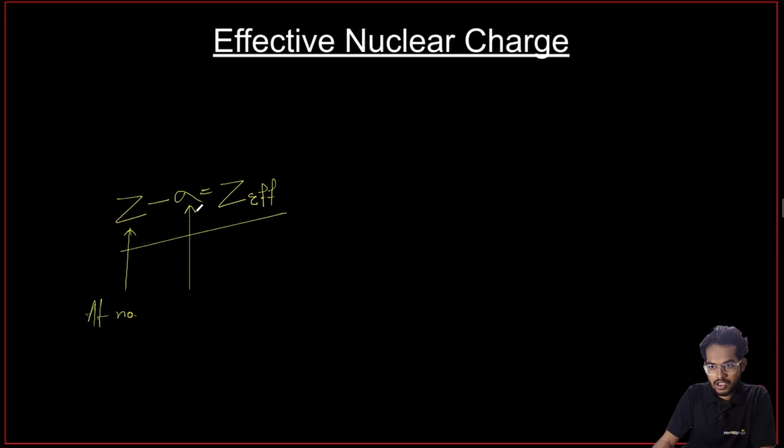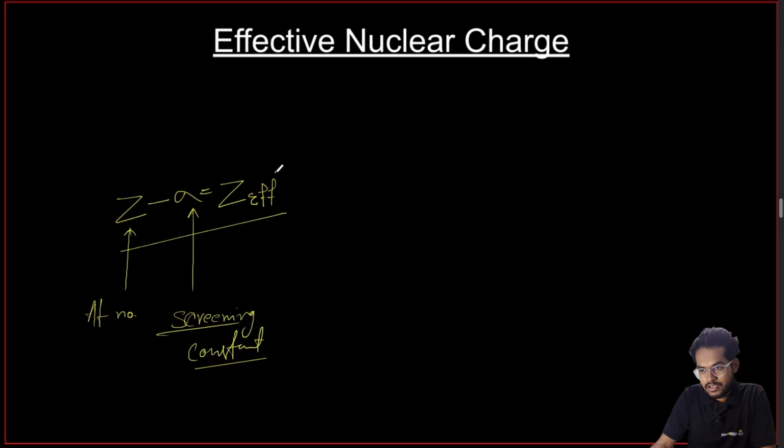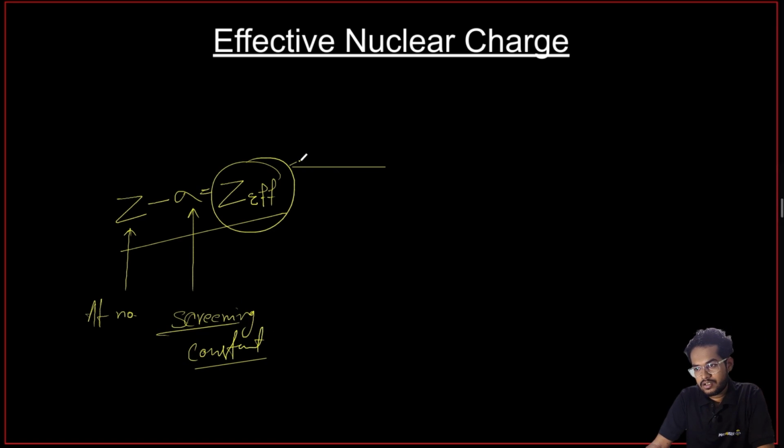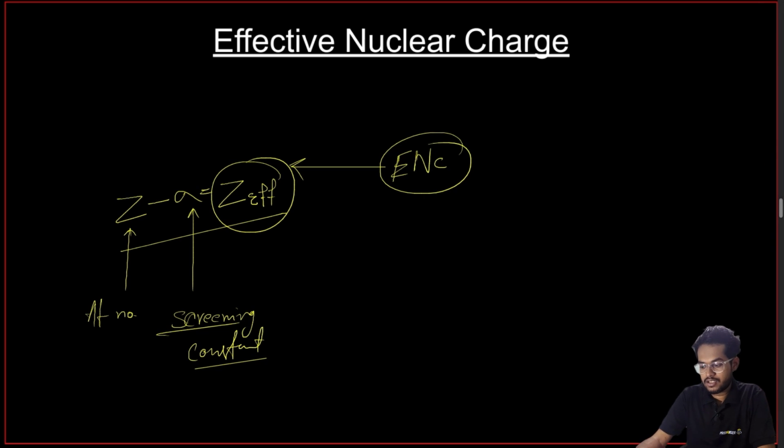This is sigma, and this one is your screening constant, and this one is Z effective, which is basically your effective nuclear charge, ENC.